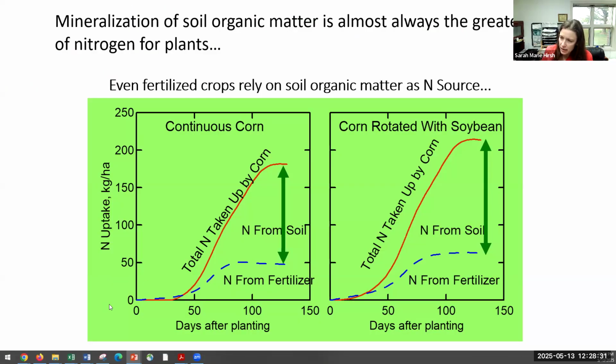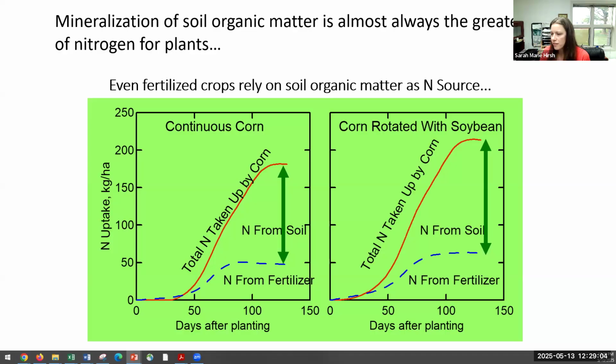And here's what I was talking about with, for example, the corn uptake. In reality, if we look at the total nitrogen being taken up by corn, we have about 50 pounds per acre from the fertilizer, but at least another 50 to 100 pounds per acre is actually being taken up from those organic forms that have broken down during the corn growing season.